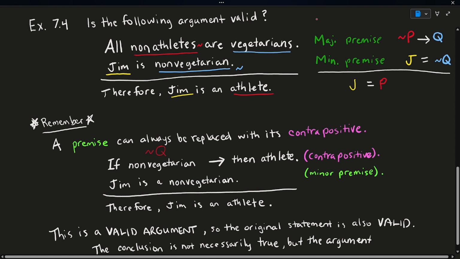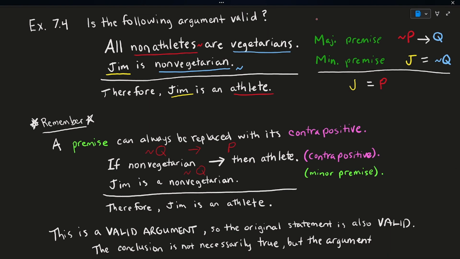And he is a not Q. If not Q, then he is a P, right? He's an athlete. This down here is a non-vegetarian, so he's identifying Jim as a member of the set of all non-vegetarians. This is the minor premise.